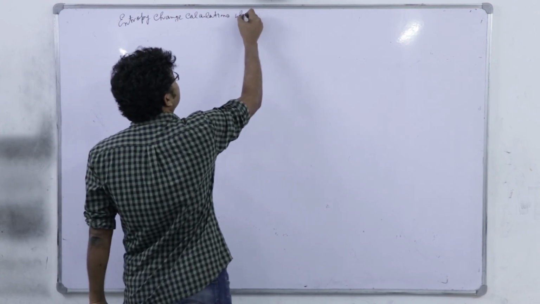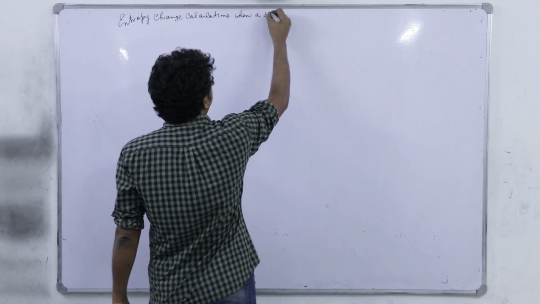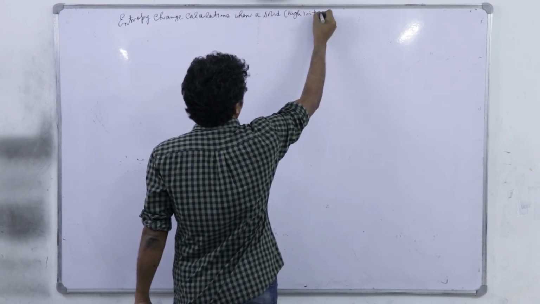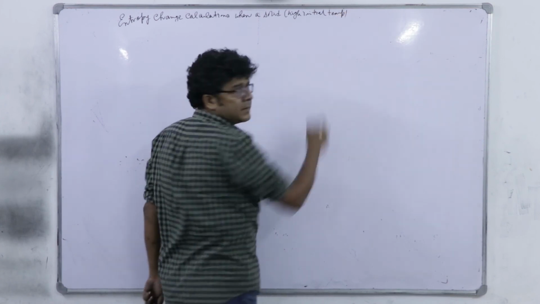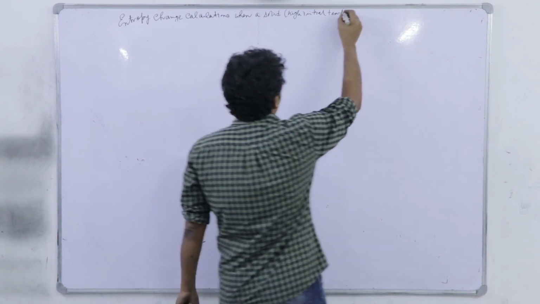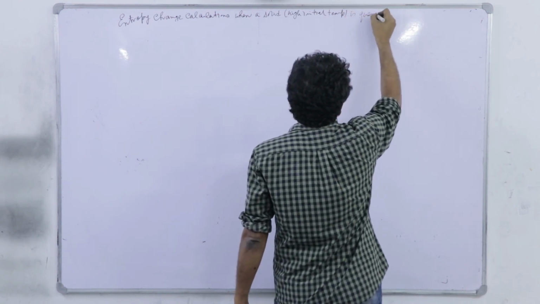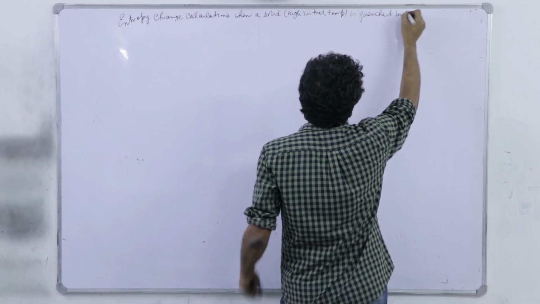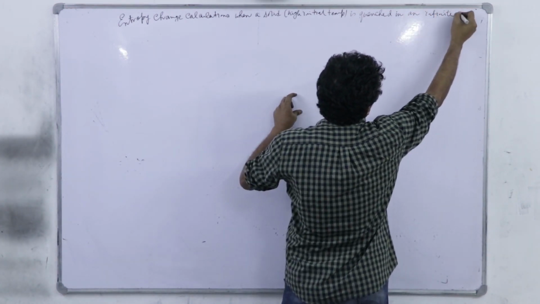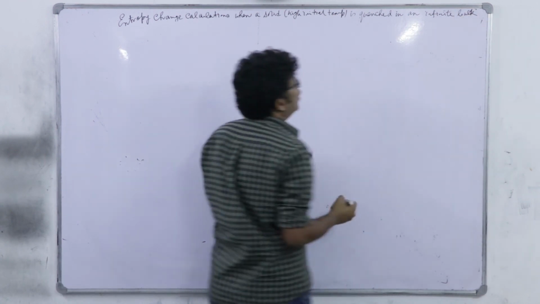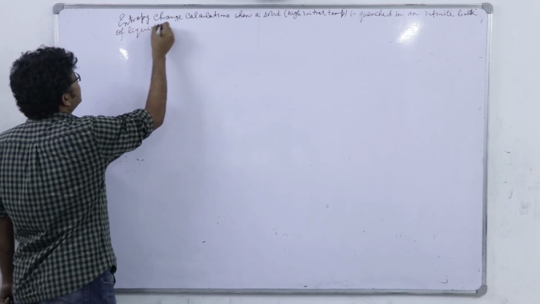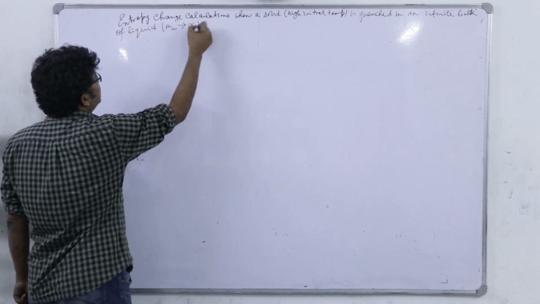So, here, entropy change calculation when a solid at high initial temperature is quenched in an infinite bulk of liquid, that is M2 tending to infinity.